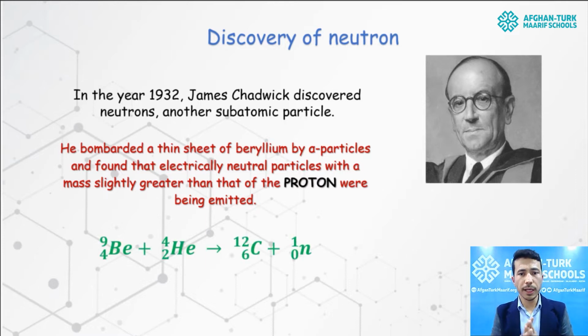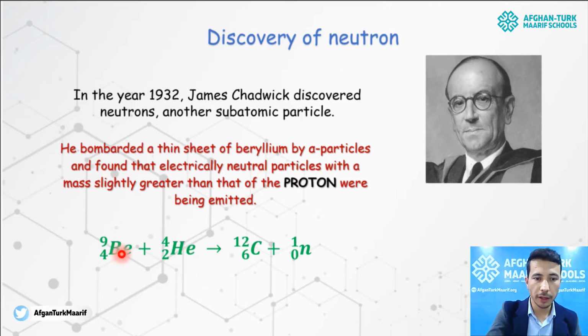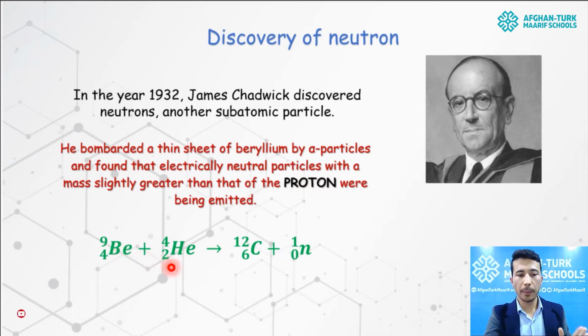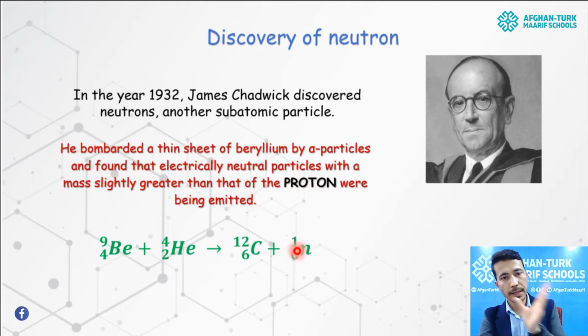This was the equation of the reaction. What happened actually? As I told you before in our previous lessons, alpha particle is actually the nucleus of helium. So you can see over here, when the nucleus of helium reacts with beryllium, which was a thin foil of beryllium, it turned to carbon-12 and one neutron was emitted.